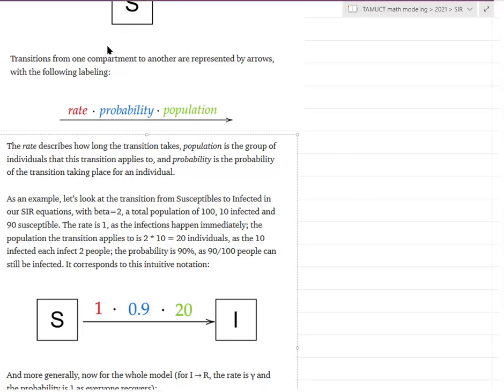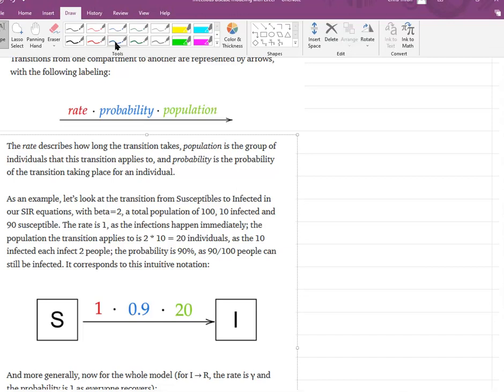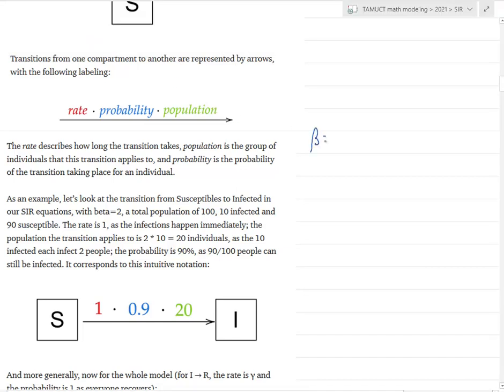So let's write that here again. Beta equals the number of potentially infectious contacts per infected.